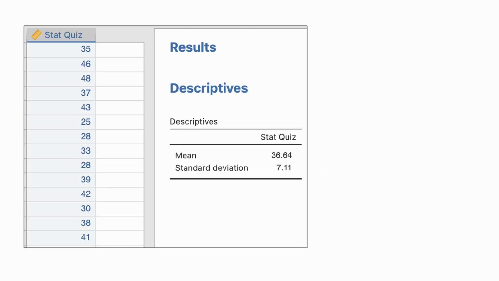An output from the movie shows that the sample mean is 36.64 and the standard deviation is 7.11. Therefore, the population mean is estimated as 36.64, and the population standard deviation is estimated as 7.11.